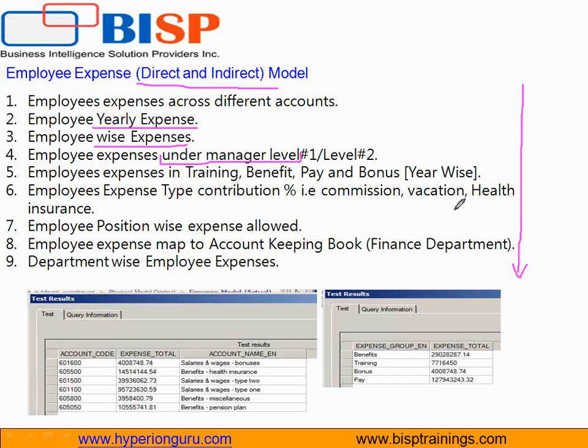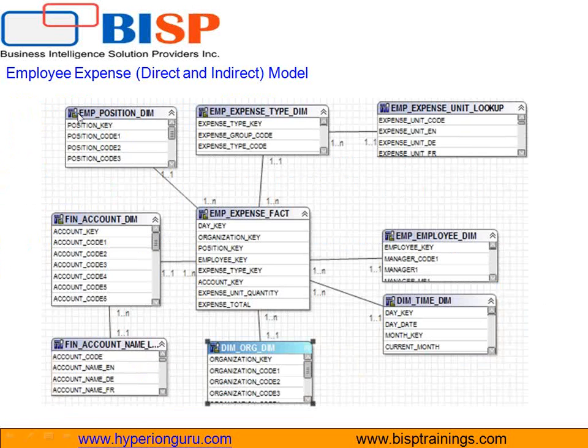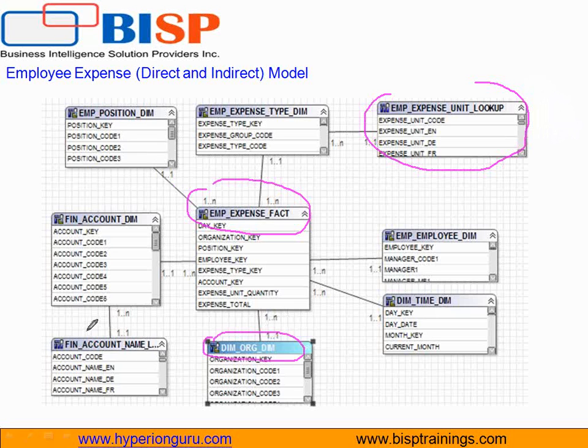I already have a set of questions, and my data model is very focused on those. Employee expenses come from this fact table, employee manager details from this table, employee organization from this table, employee financial data from this one.